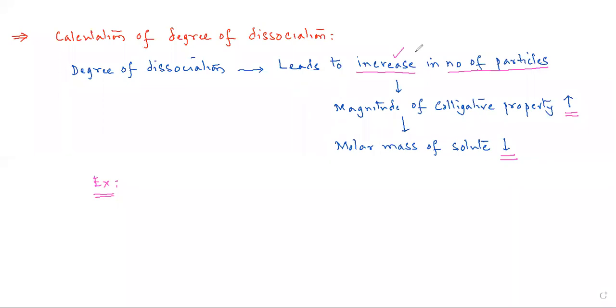See, when sodium chloride is dissolved in water, it ionizes to form Na plus and Cl minus.